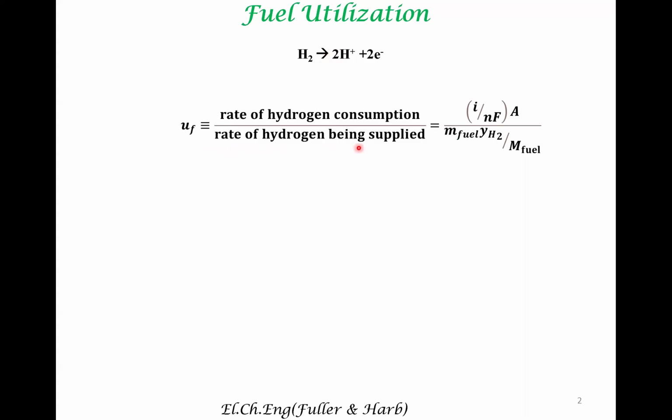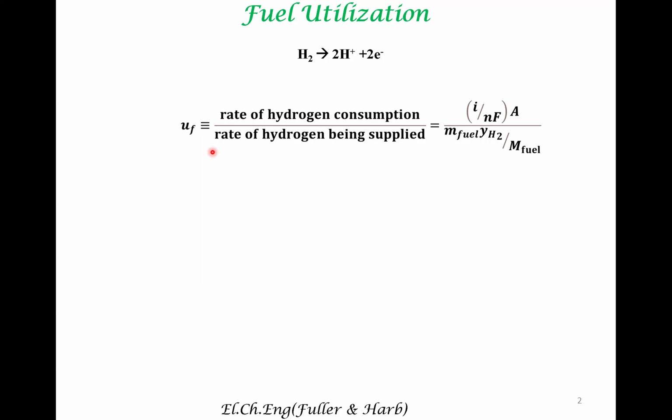The rate of hydrogen being supplied is given by the mass flow rate of the fuel divided by the molecular weight of the fuel, which gives you the molar flow rate of the fuel, times the mole fraction of hydrogen in the fuel stream. So it might not be 100% hydrogen. So there is a certain mole fraction. This quantity gives the rate of hydrogen being supplied. So this way we define the utilization of the fuel, in this case, hydrogen.